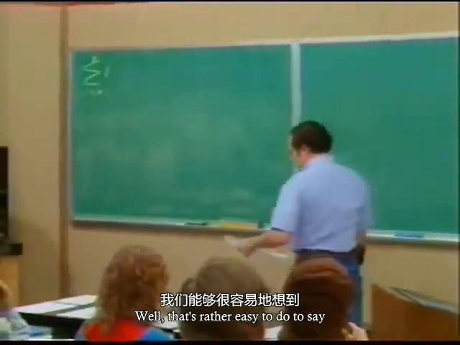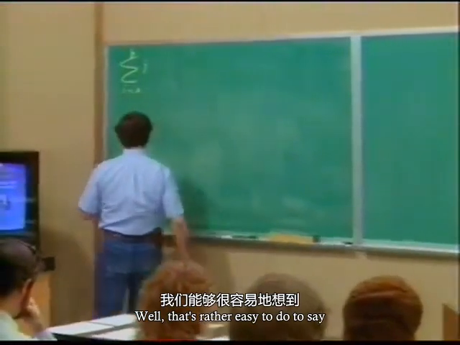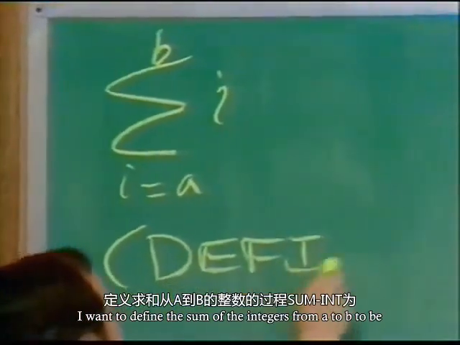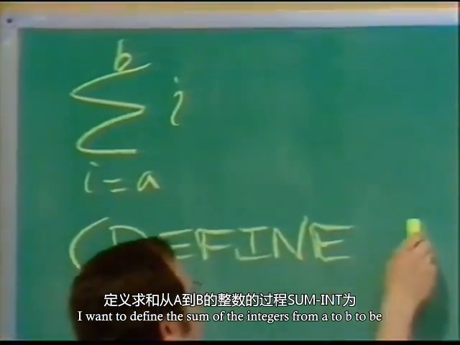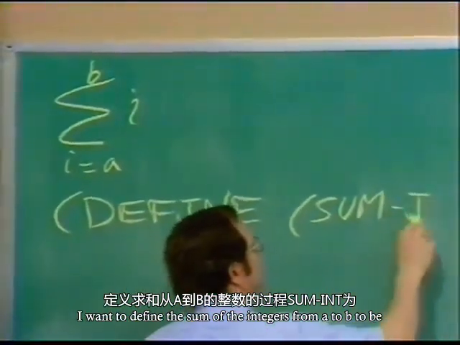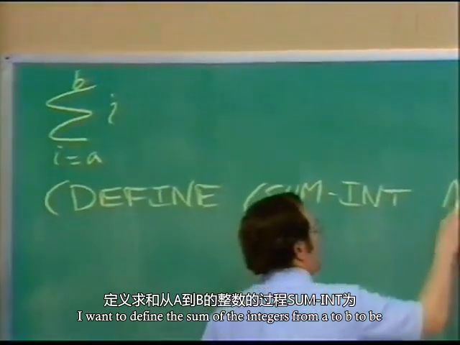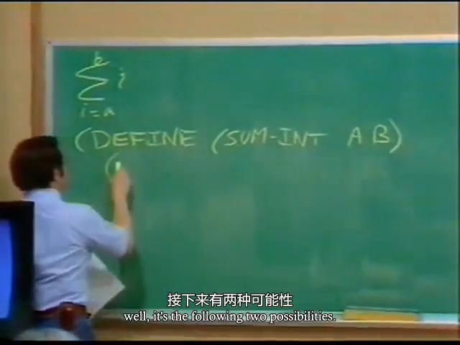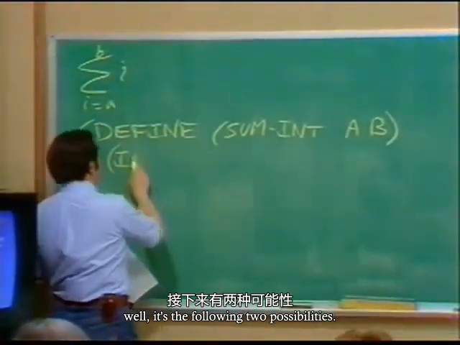Okay? Well, that's rather easy to do. To say, I will define the sum of the integers from A to B to be, well, it's the following two possibilities.